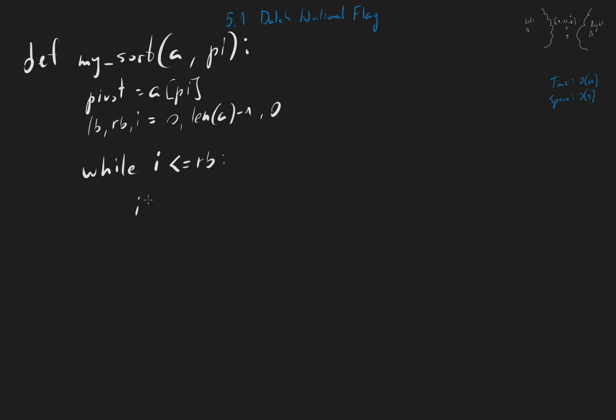So the first case, if current number, which is I, is the same as pivot, we don't do any swapping, we just increment the current I runner.